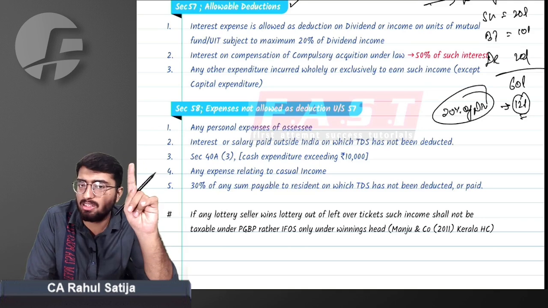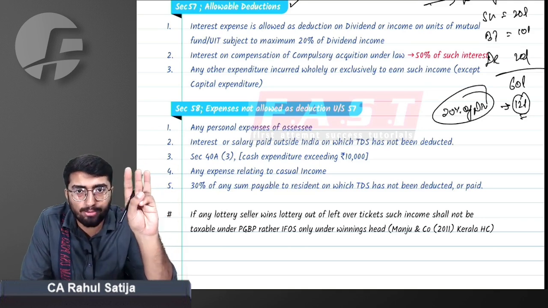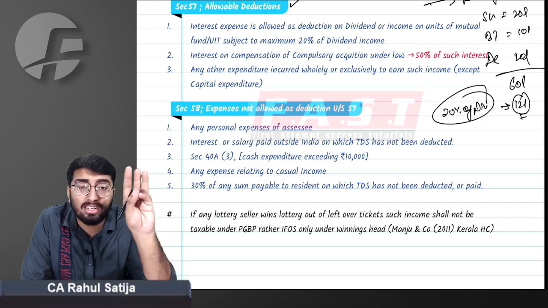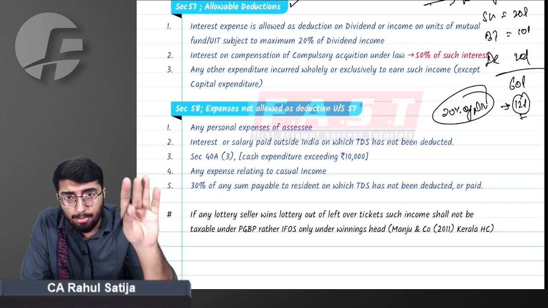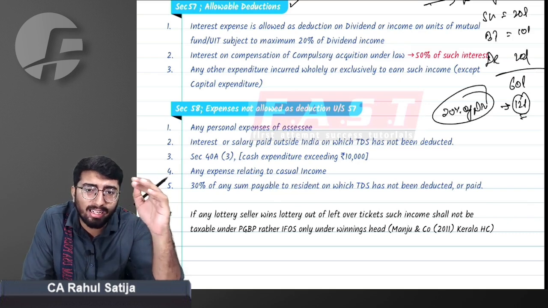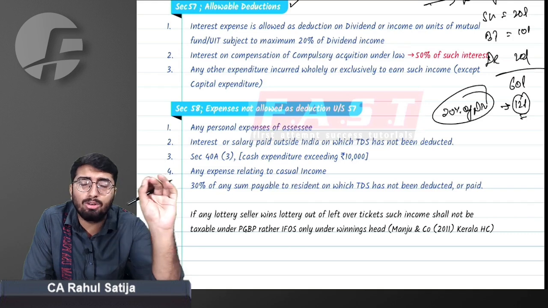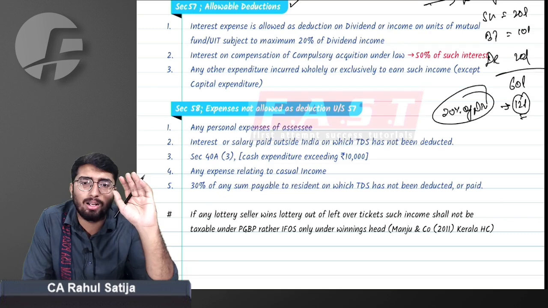First of all, any personal expenditure, any capital expenditure, any payment to a non-resident which was liable for TDS where you did not deduct TDS, then 100% of that expenditure will not be allowed. Any payment to a resident which was liable for TDS, where you did not deduct or did not pay to the government, 30% will be disallowed. Any expense on account of casual income will not be allowed, or any payment made greater than 10,000 in cash will not be allowed.